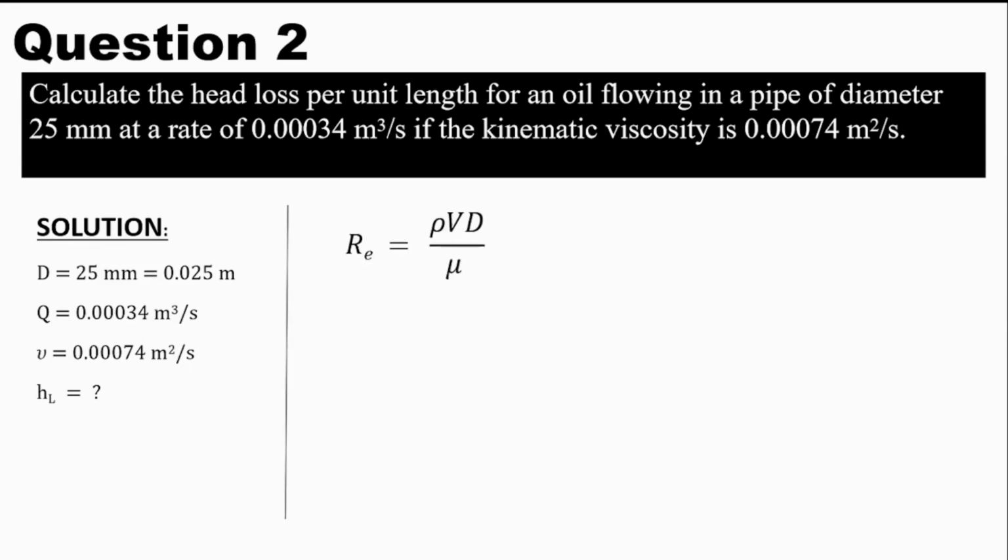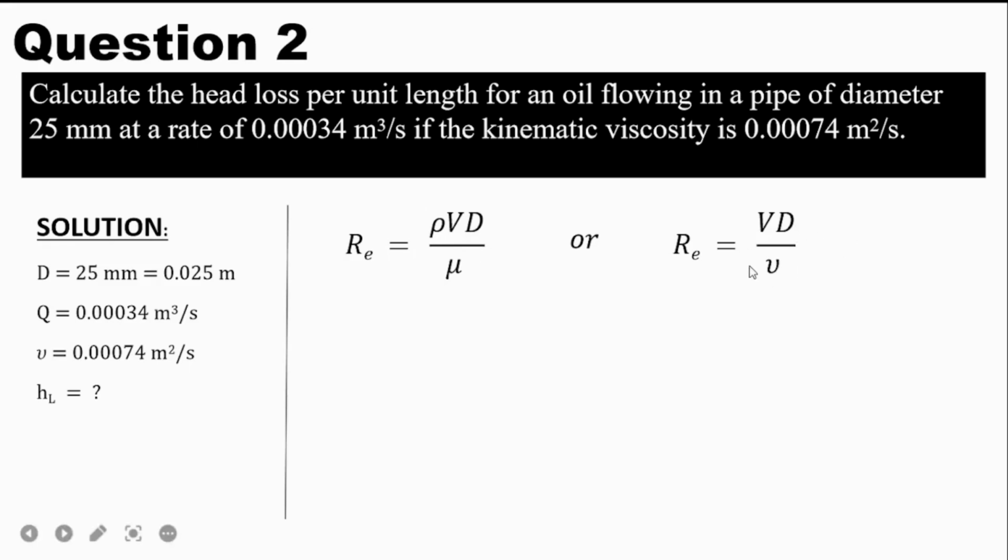Again, we are asked to find the head loss. The first thing we do is to write out our Reynolds number equation. Now, we have 2 equations for Reynolds number. This time, we cannot use this because we are not given the value for our dynamic viscosity.